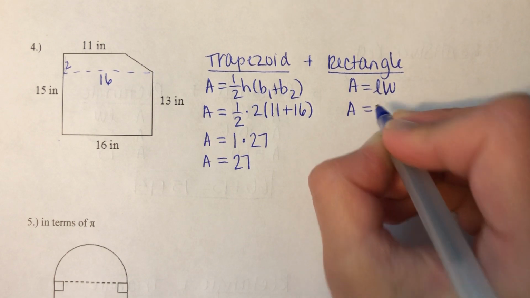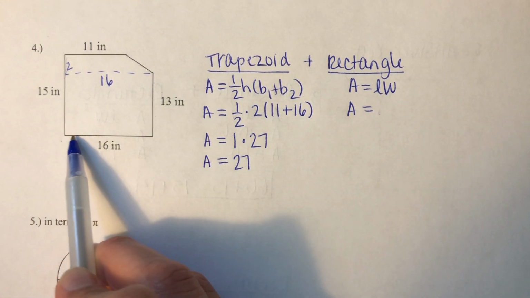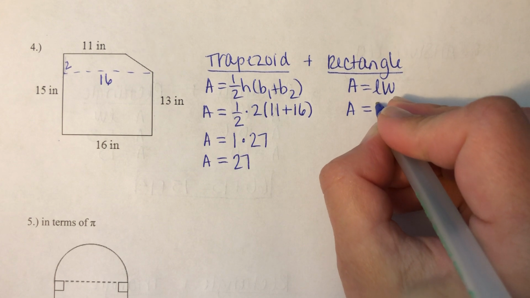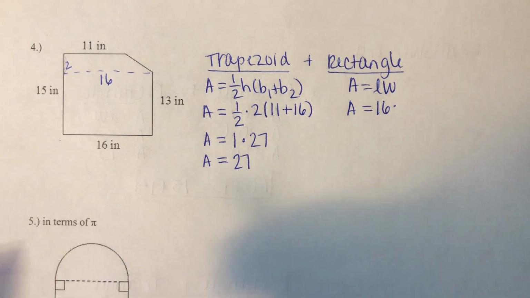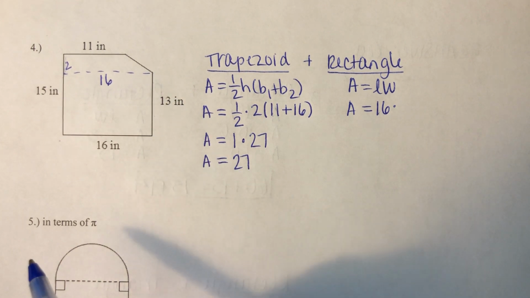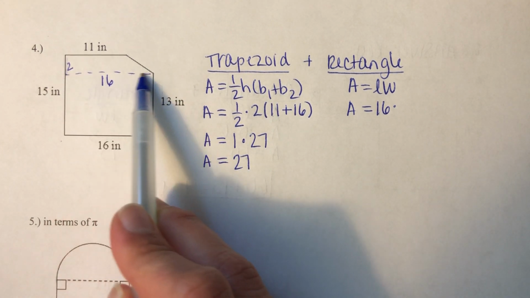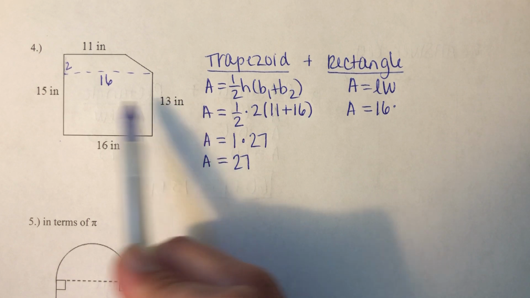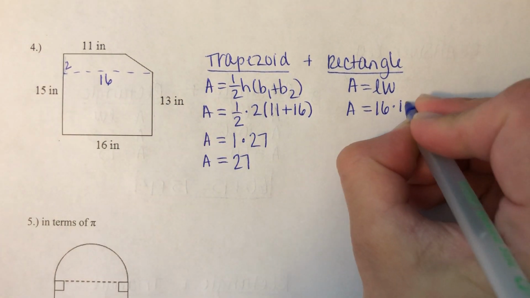Onto our rectangle. The length of our rectangle is 16. Careful on the width. I see a 15 and a 13, but you want to pick the one that stops at that line there, which is the 13. The 15's too big.